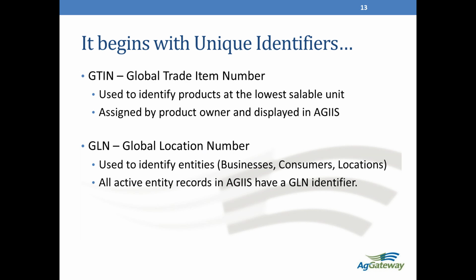So, for example, if you have an ag retail location that sells to a grower or producer, they would be considered or classified as a business within the AGIIS directory. But they may also buy from a supplier, which would make them a consumer as well. So they may have both of those classifications.